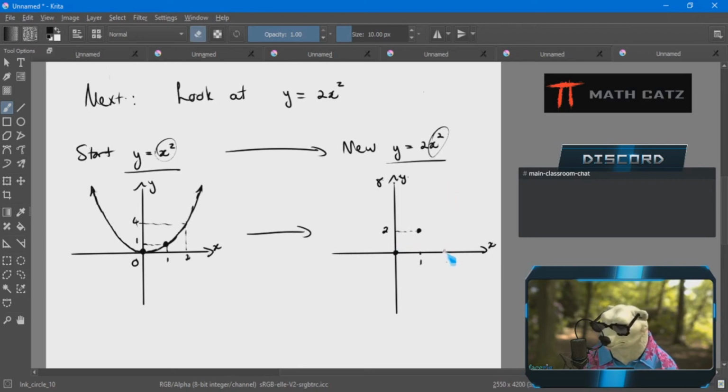Let me just fix that before we continue. So what I get is the graph is much steeper because the y values are doubled. And I get a sort of a stretched out, say 2 is over here for that point, a stretched out parabola.